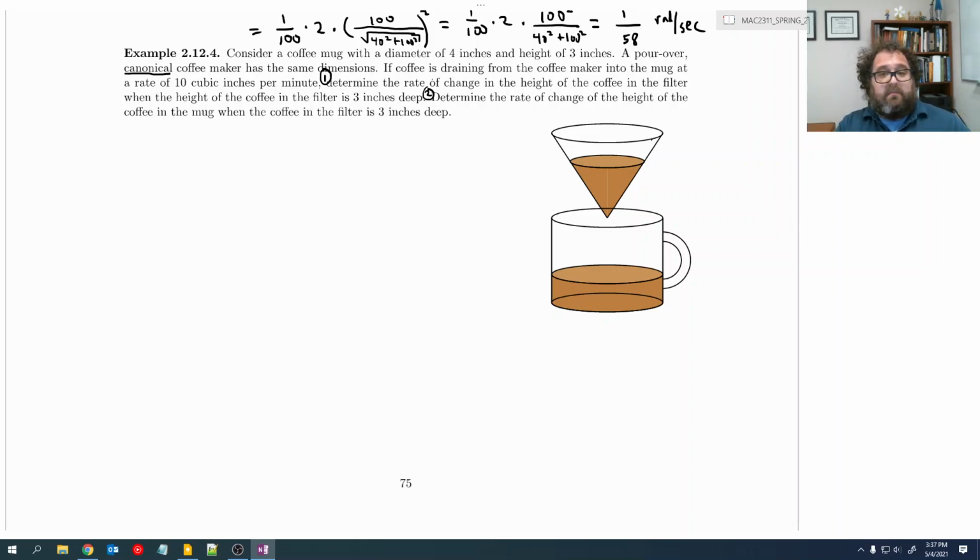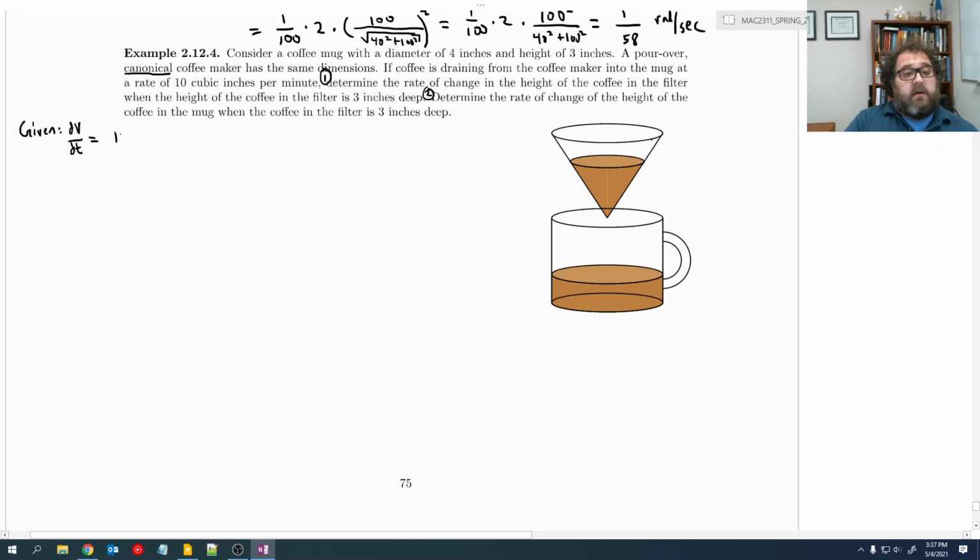So we could say that the rate of change of the volume of the cone is 10 cubic inches per minute. Specifically, given what we know, the rate of change of the volume of the cone, so we'll say dV/dt, the rate of change of volume.